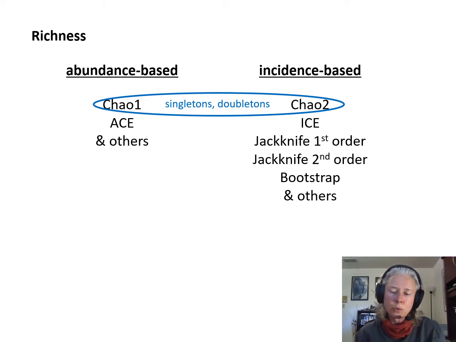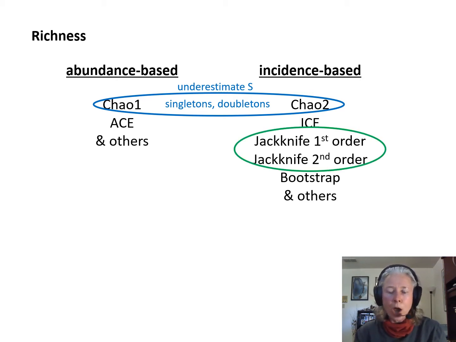Singletons are species that are represented by one individual, and doubletons are species that are represented by only two individuals. However, both of these measures, the abundance-based and the incidence-based Chao metrics, tend to underestimate the true richness present in a community. The jackknife measures can overestimate or underestimate richness.